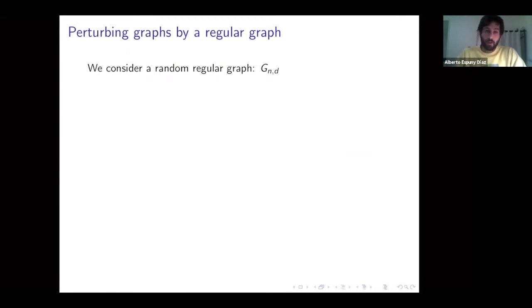So random regular graphs, I should say that, okay, so to be clear with the notation, whenever I write G(n,d), what I mean is that we take a d-regular graph on n vertices, and the way to choose which graph in this random setting is just to consider the set of all these graphs and pick one uniformly at random. So of course, there are some divisibility conditions to ensure that such a graph exists. So for instance, you need n times d to be even.